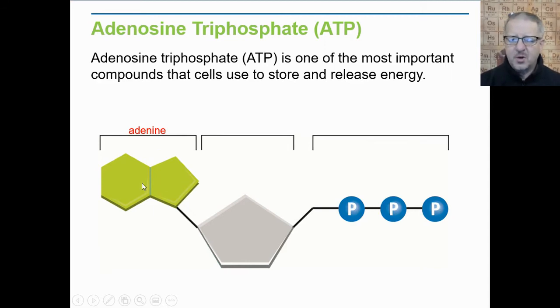So that's a special molecule called adenine, and then it is chemically bonded to a ribose here in the middle, this gray pentagon-shaped thing. It's a ribose because it has 5 carbons in it. That's why it's in a pentagon shape. And then there at the end on what looks to be somewhat of a tail, we have 3 phosphate groups.